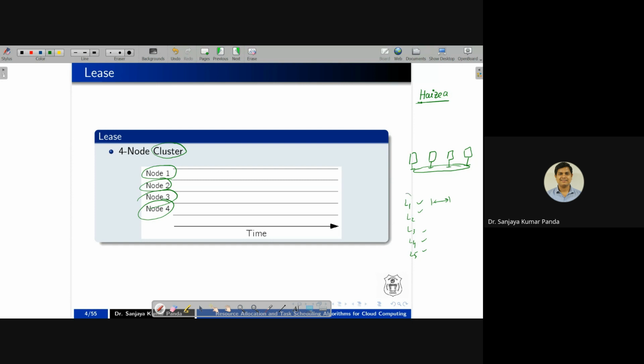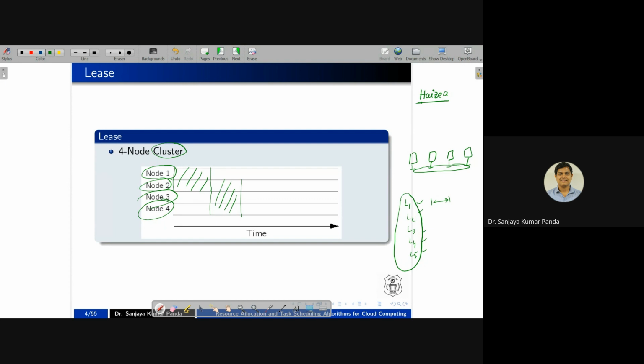So based on the requirements of these lineages and with respect to the 4 nodes, you are going to assign them. For example, if somebody is asking for 2 nodes, you can provide them here, right? If somebody is asking for 3 nodes, you can provide them only after this particular period of time. Like that, over a period of time, you have to assign a set of lineages to a 4 node cluster. And that is our overall objective in the case of resource allocation.